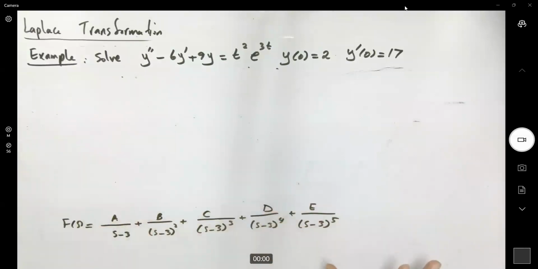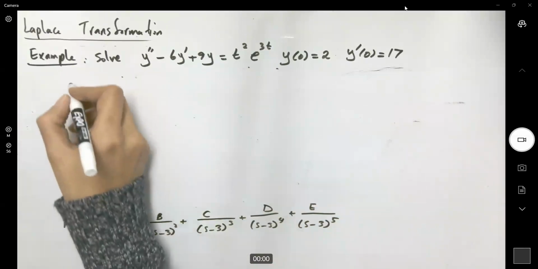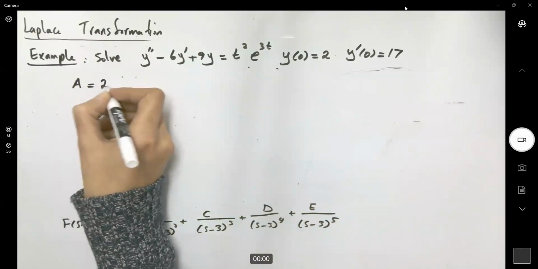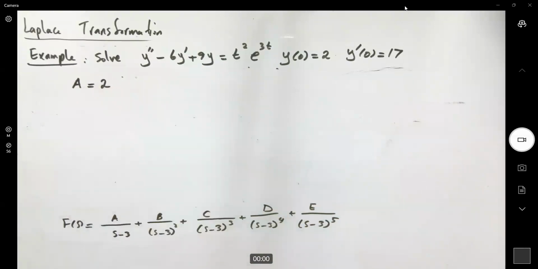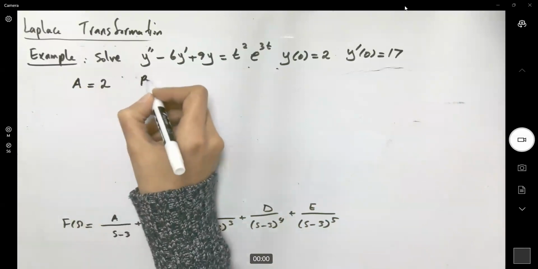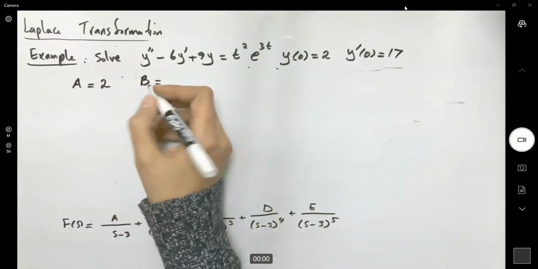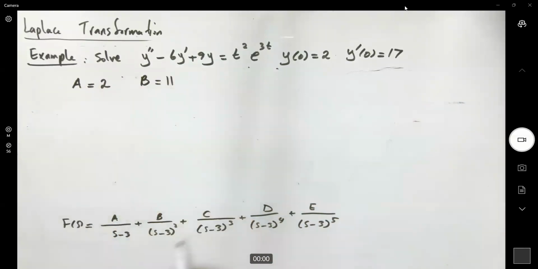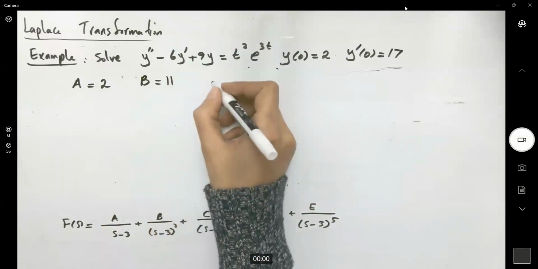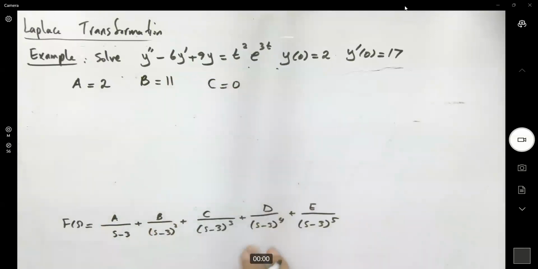So if you start multiplying these, what do we get? We get 2 divided by (s minus 3), so A becomes 2. In this case B becomes 11. C becomes 0.